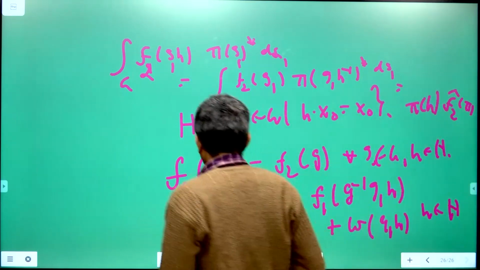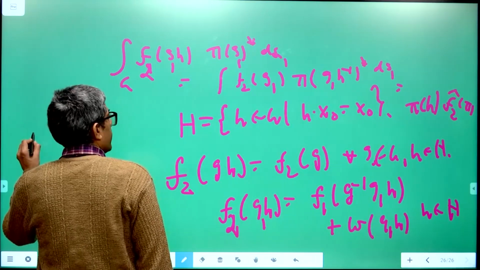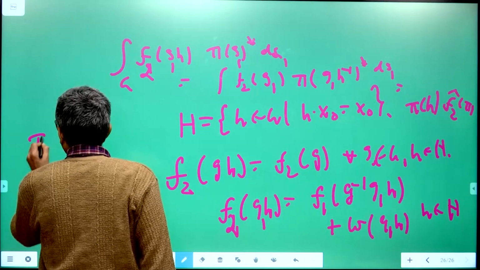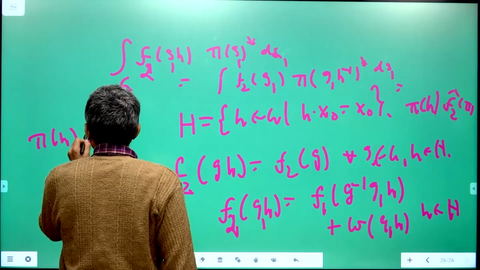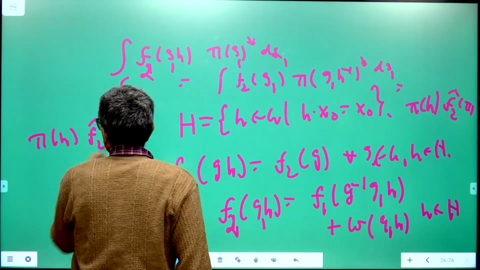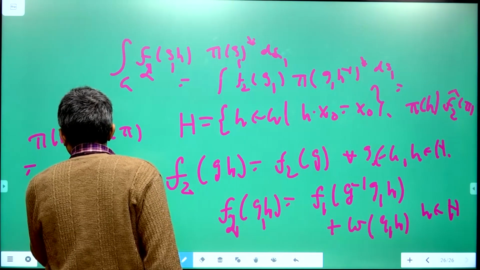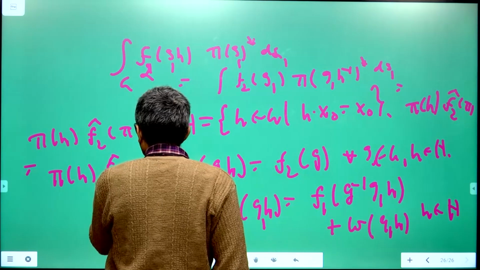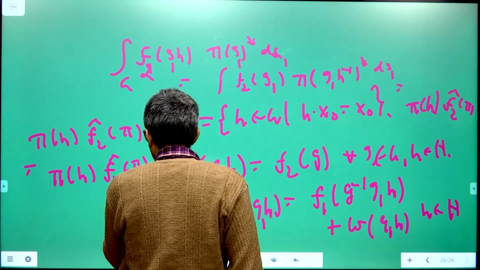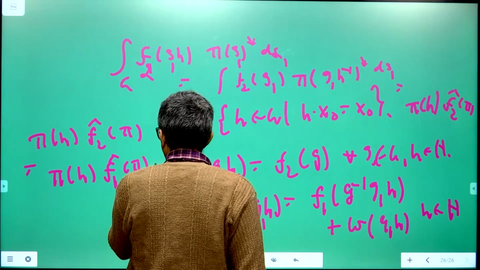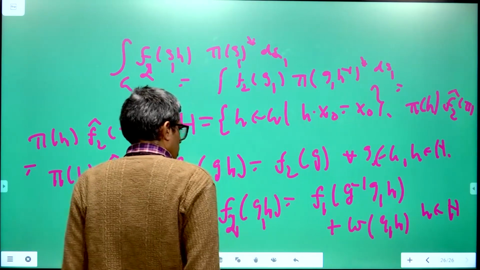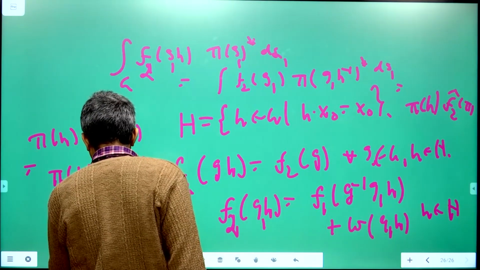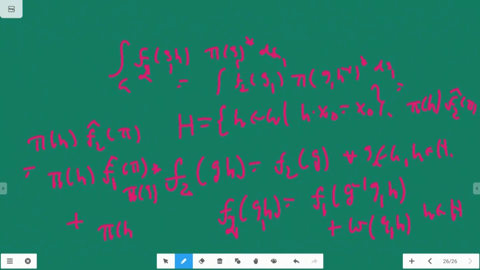So, what you get by taking the group theoretic Fourier transform is that pi of h acting on f2 hat of pi is equal to pi of h acting on f1 cap of pi into pi g star plus pi of h multiplied by w cap of pi.